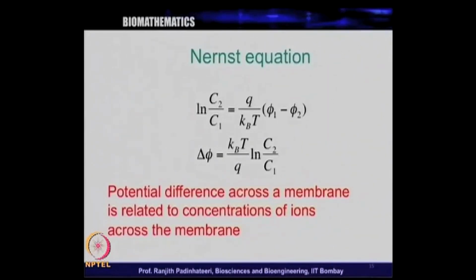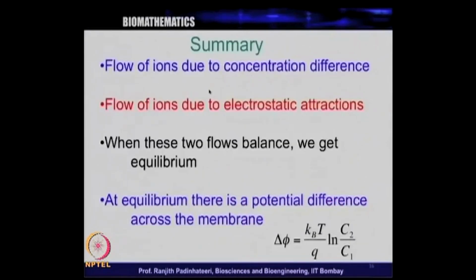So, to summarize what we said so far, we first discussed the flow of ions due to concentration difference. They go in a particular direction, and this will lead to charge differences: positive charge ending up on one side and negative charge ending up on the other side.